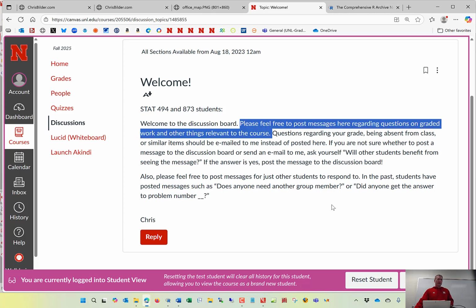Simply, I use it as a way for, if you have a question about some material that was discussed in class, or if you have a question about a practice problem, or if you have a question about something that's on a project, post it here. Because if you have that question, probably somebody else in the class also has that question.